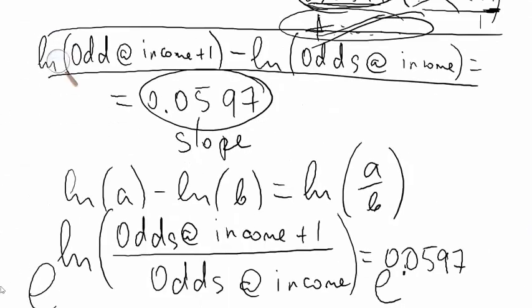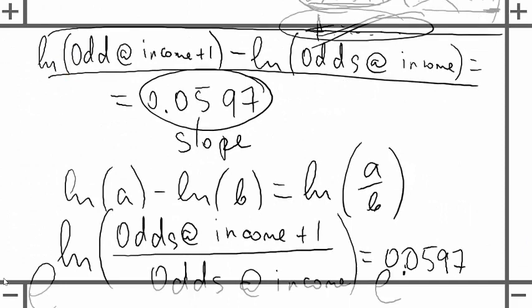And on the left side, I'm going to have the natural log of odds at the increased level of income minus the natural log of odds at the old level of income, right? And then somebody, I remember, Dylan, said that if we have the expression log minus log, it's really the log of the ratio.